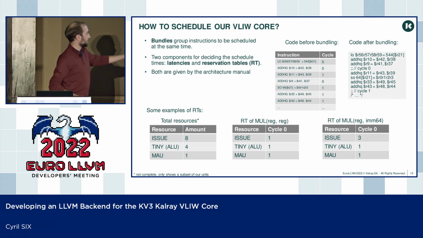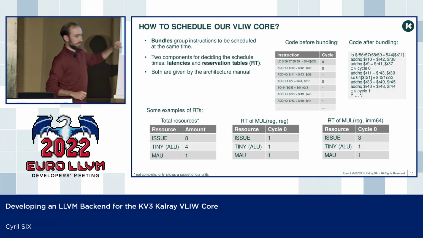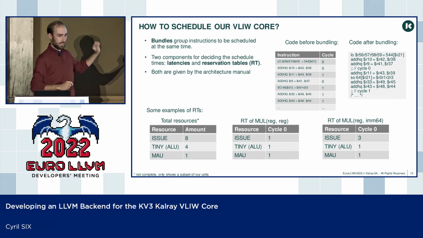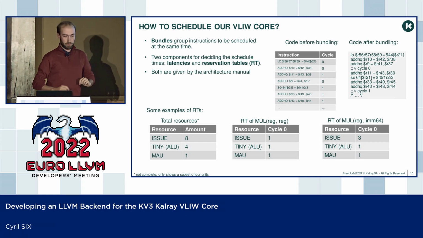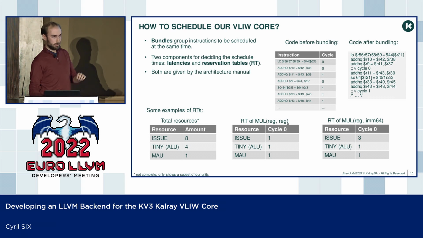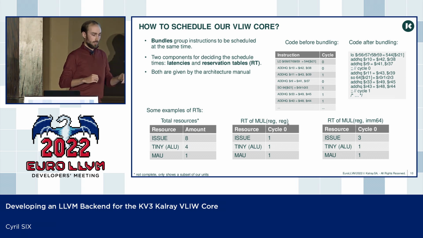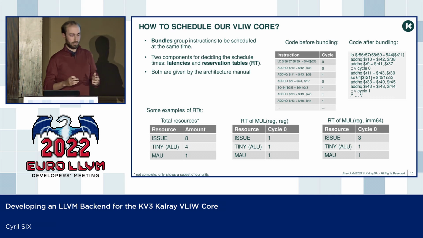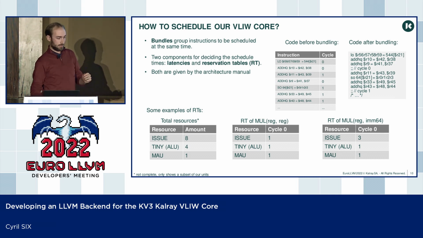Here I will show you the example where we have 4 tiny ALU and 1 multiplier accumulate unit. If I look at the reservation table of the multiplication of 2 registers, there's just 1 issue that has to be reserved because this is encoded in 42 bits.